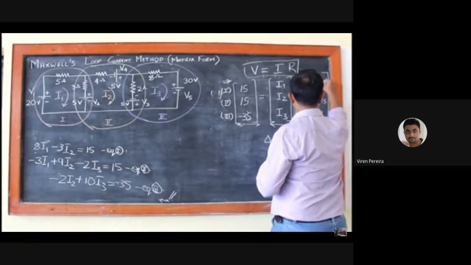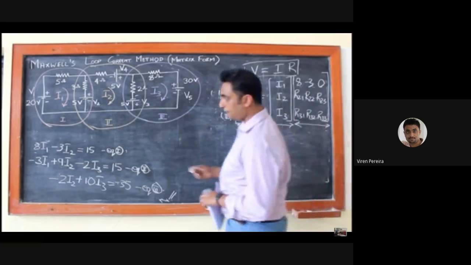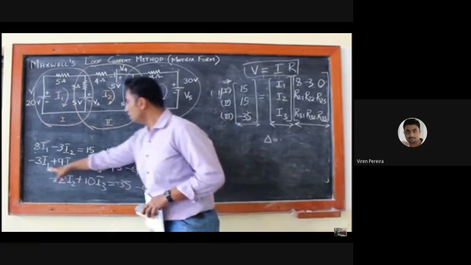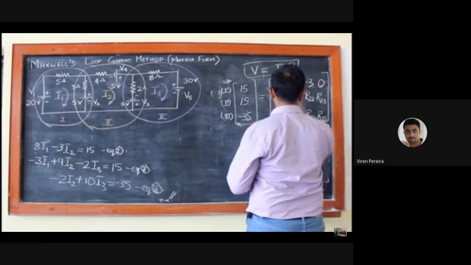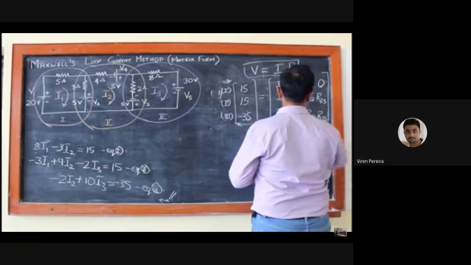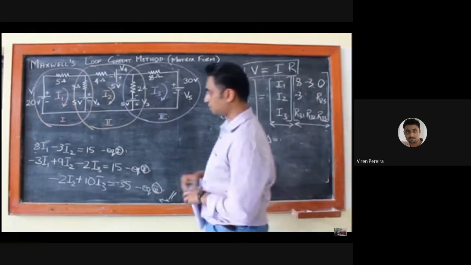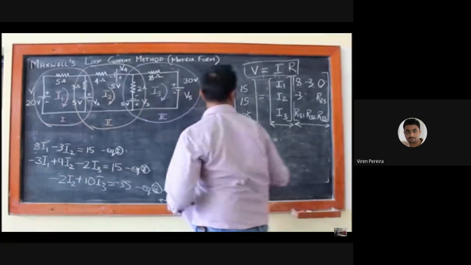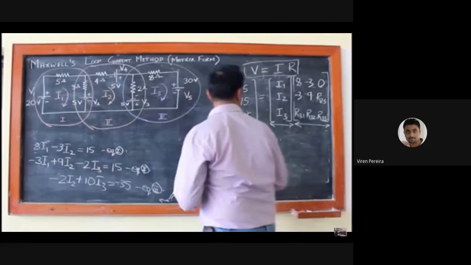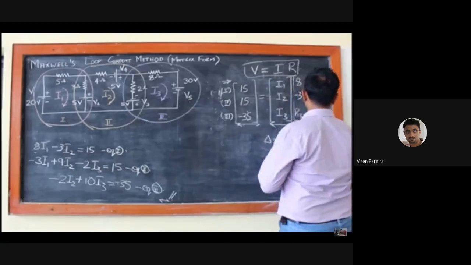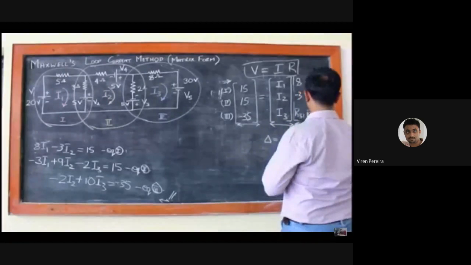In the same way we do it for equation 2. I1 is minus 3, so minus 3 comes here. R22 is plus 9, so 9 comes here. I3 is minus 2, so we get minus 2 here.